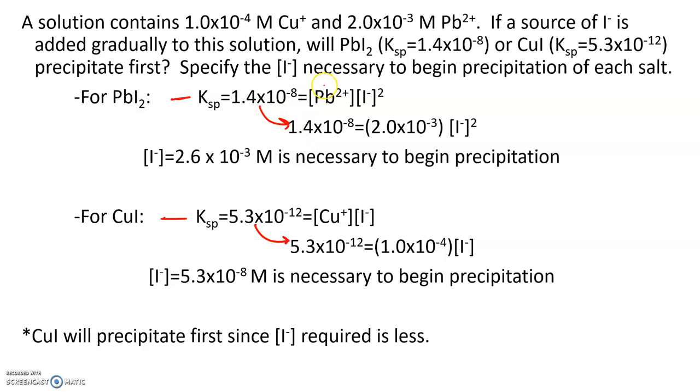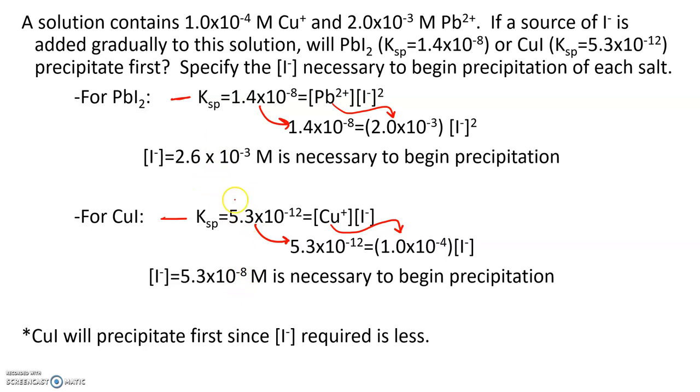I was also given the concentration of the lead in the question, which goes here, and I was given the concentration of the copper in the question, which goes there. So we're left with just the concentration of the iodide that we don't know. Do a little algebra, and for the lead iodide, you get the concentration is 2.6 times 10 to the negative third, and for the copper iodide, you get the concentration is 5.3 times 10 to the negative 8.